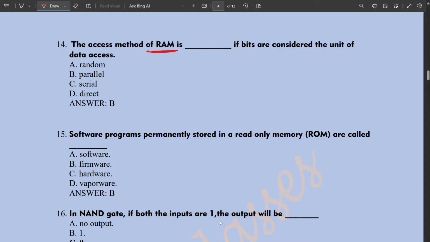RAM is parallel if bits are considered the unit of data access. Option B is correct.